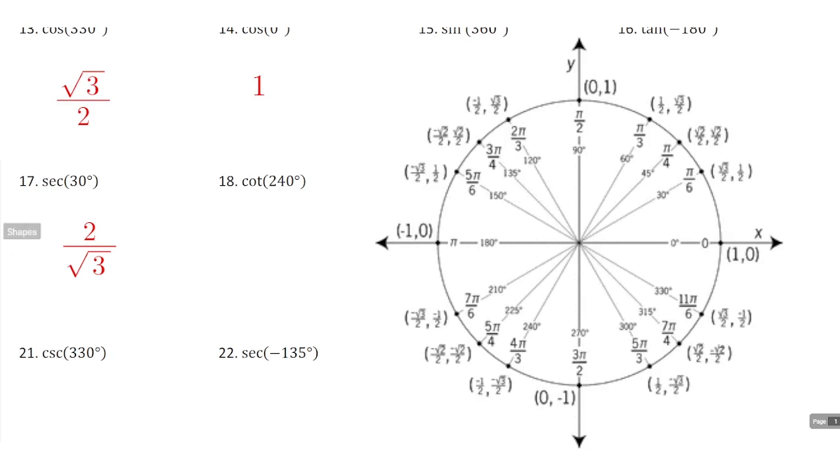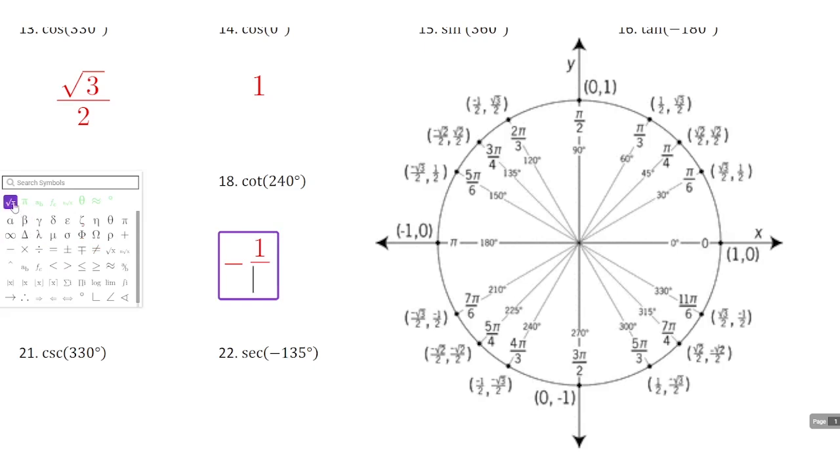That's negative 1 divided by negative root 3. So both of these are negative. A negative divided by a negative is positive. So I really don't need either of these two negative symbols. When I rationalize this number and multiply both the numerator and the denominator by root 3, I'm going to get root 3 over 3.